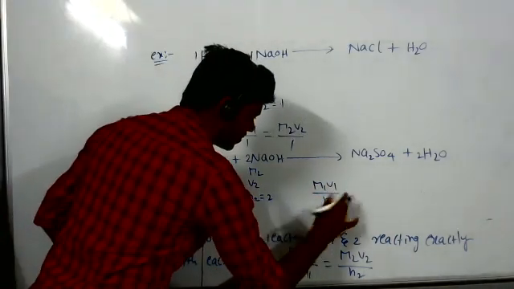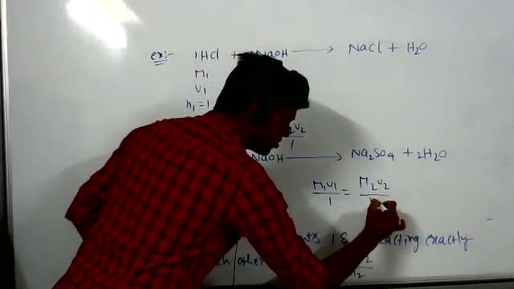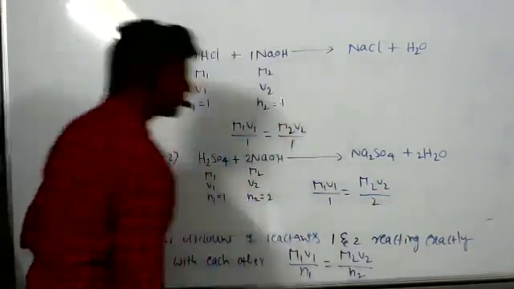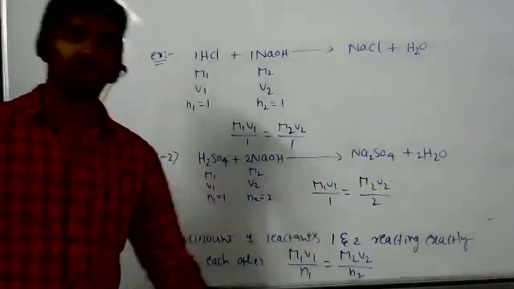M1 V1 by N1, N1 is 1, equals M2 V2 by 2. So in these 4 terms, if you know any 3 terms, the other one we can calculate.